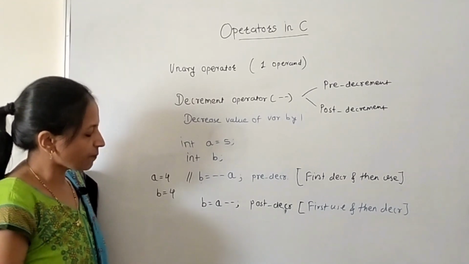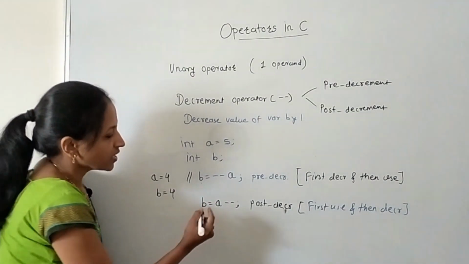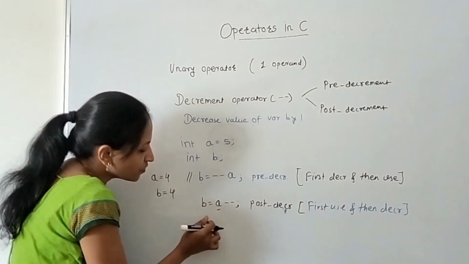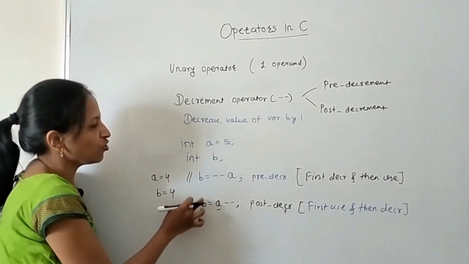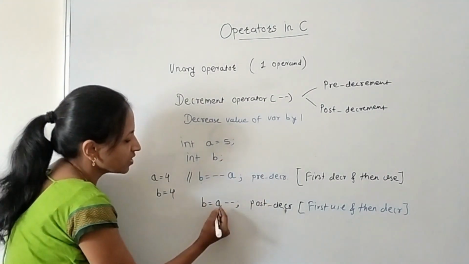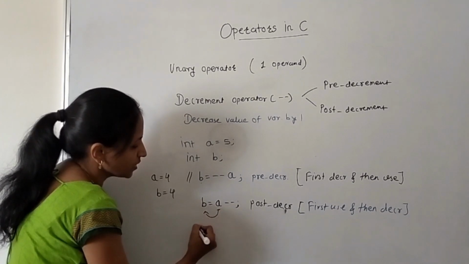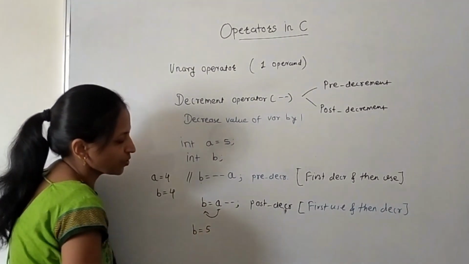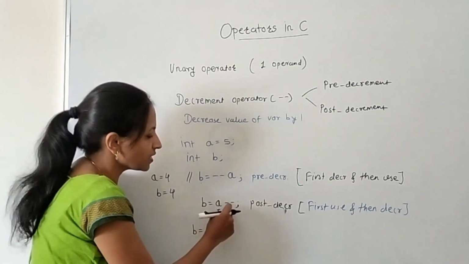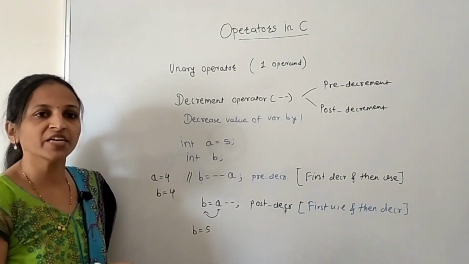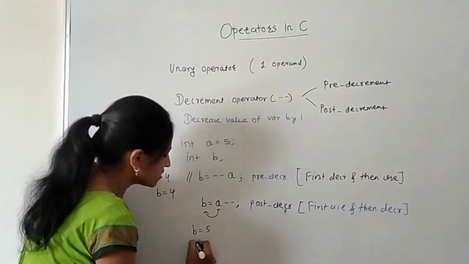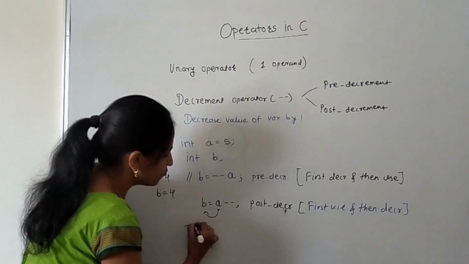Now see what will happen here. We have written it in this way, so the value of a will first be assigned to b. Whatever the value of a, initially it is 5, will be assigned to b, so b will become 5. And after that the value of a will be decremented by 1, so a will become 4.